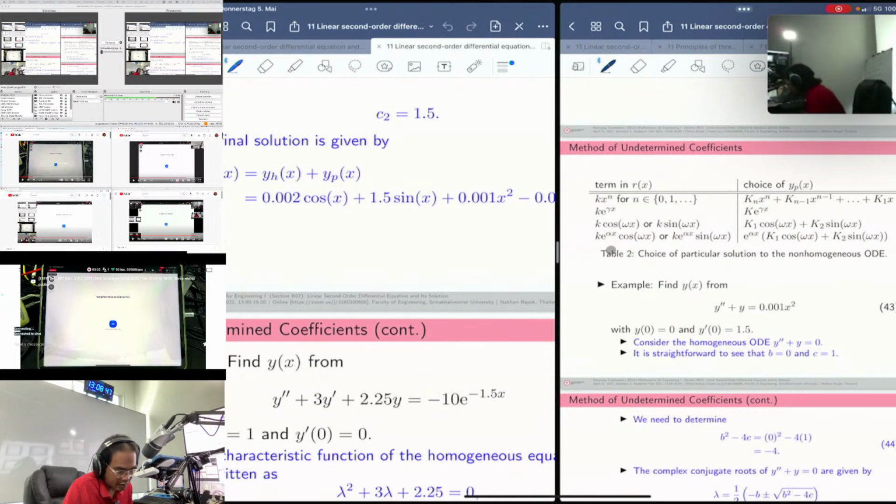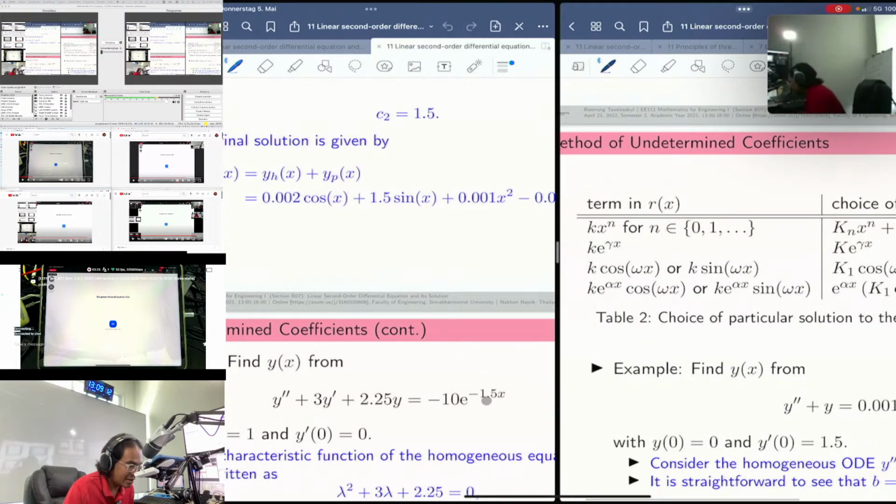I think you would be able to easily see that this one will be the most suitable candidate, where k is negative 10 and gamma is negative 1.5, right?